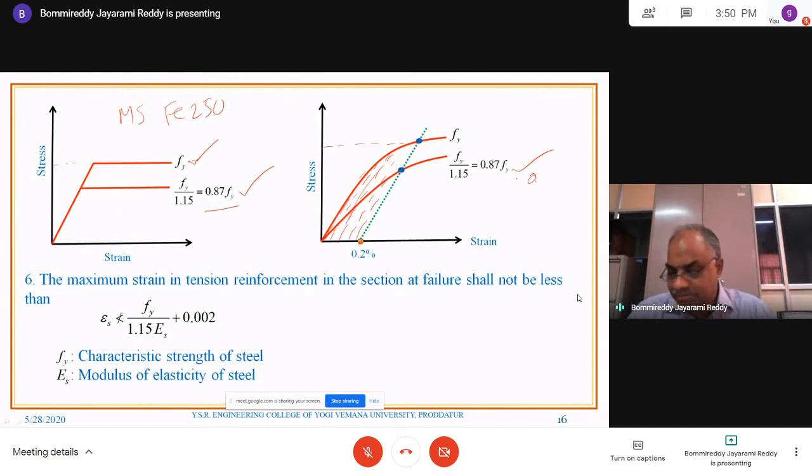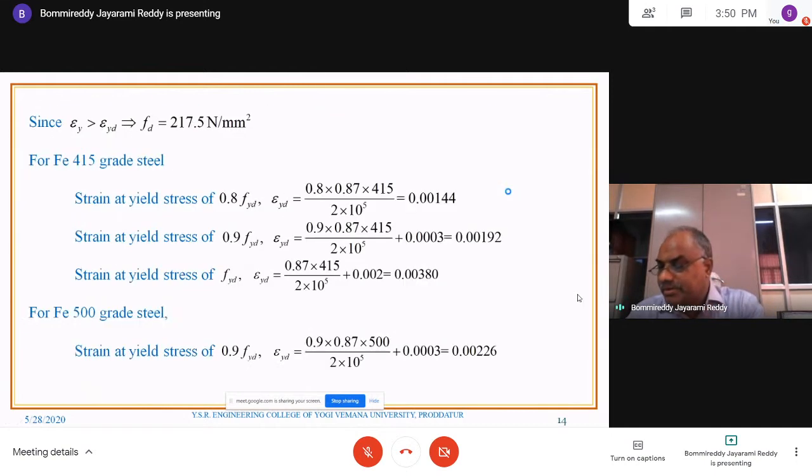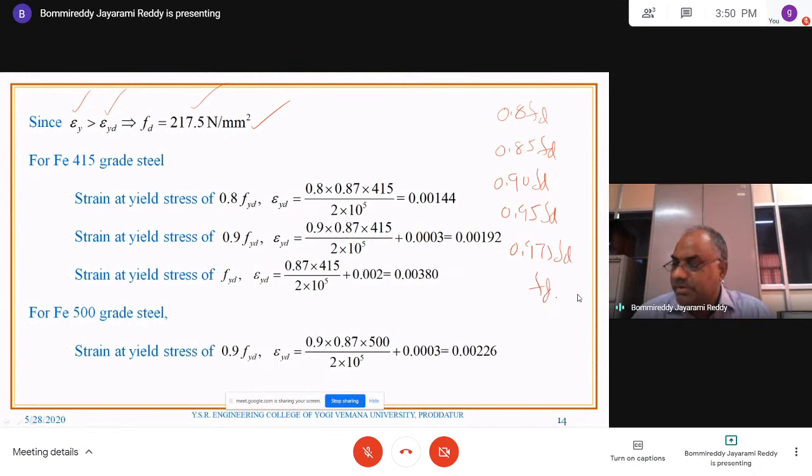Different design stresses means it is shown as 0.8 times of Fd, 0.85 times of Fd, 0.9 times of Fd, 0.95 times of Fd, 0.975 of Fd, and also Fd. Because the strain and stresses are completely dependent, these are the values given in IS456, the stresses.